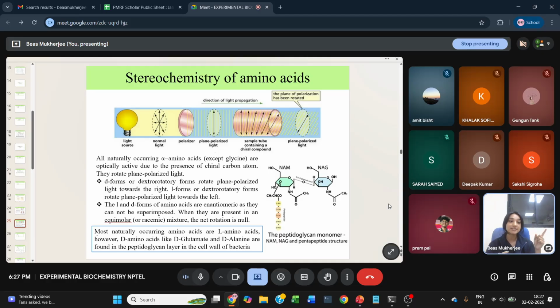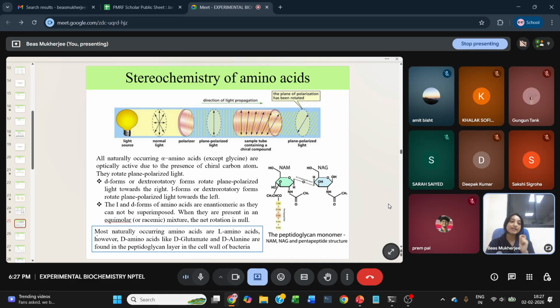Why? Because glycine is not chiral, right? Chiral compounds are optically active due to the presence of a chiral carbon atom. They rotate plane polarized light. The D form or dextrorotatory form rotates the plane polarized light towards the right, and the L form or levorotatory form rotates it towards the left.